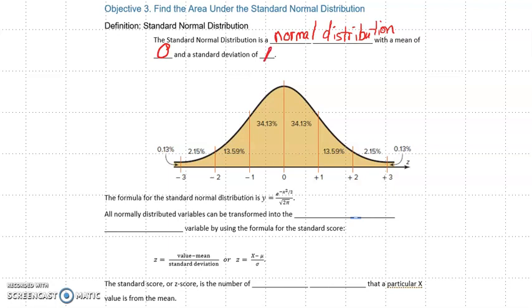As you can tell here from this curve, this is the center here at 0, and this is 1 standard deviation to the right, 1 standard deviation to the left, and we've talked about that a little bit in the past. So all normally distributed variables can be transformed into the standard normal variable.